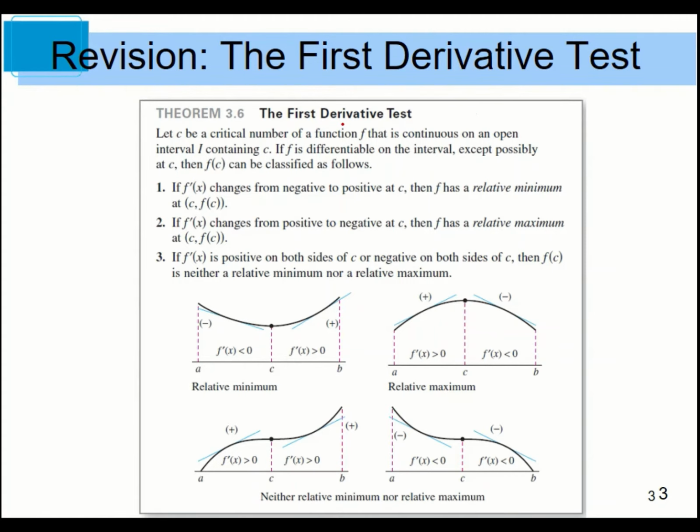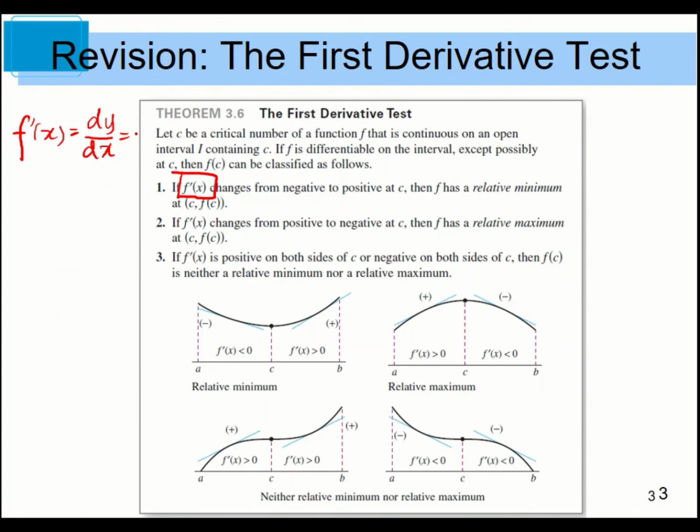For the first derivative test, we use the first derivative, which is dy/dx, to find the relative maximum and minimum points. The f prime, the first derivative, is the slope of the curve.